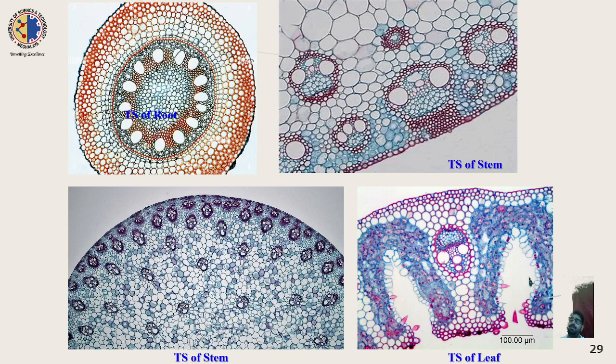Like every plant, every leaf has bundle sheath as well as mesophyll cells. Usually photosynthesis takes place in mesophyll cells, but in Kranz anatomy in C4 plants, bundle sheath cells as well as mesophyll cells both contain chloroplasts and both carry out photosynthesis.